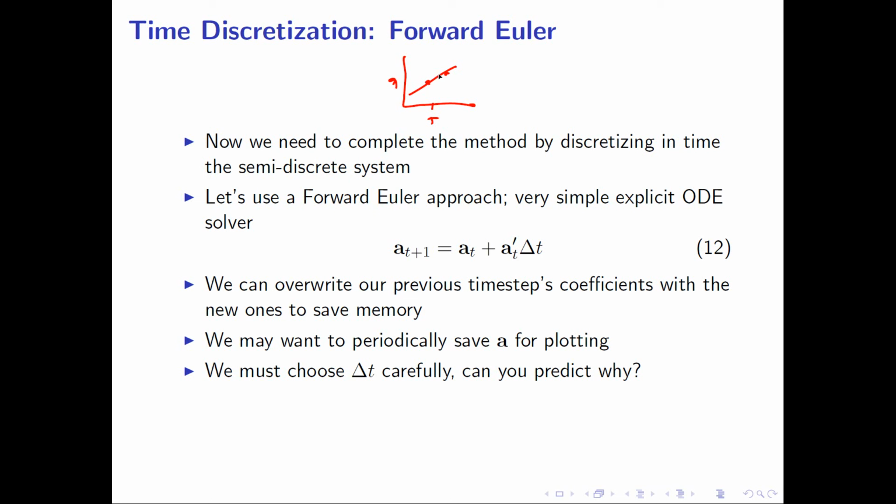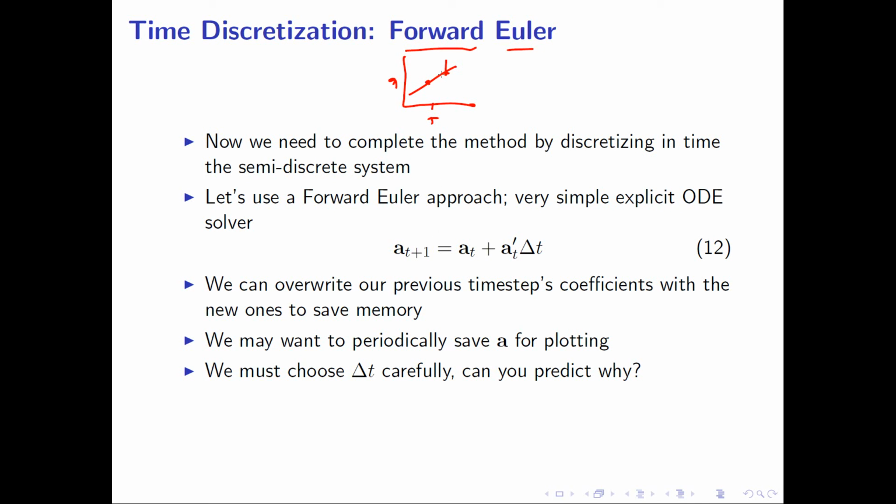You could imagine that instead you would try to predict a future value, and then based on your calculated rate of change, you would try to reconcile such that your predicted future matches your current situation. This would be called a backward Euler approach.